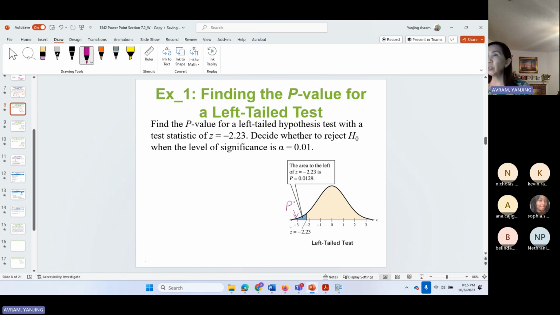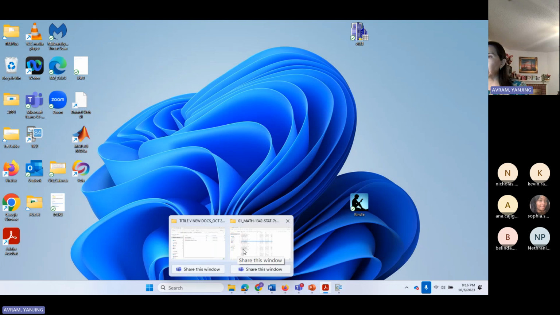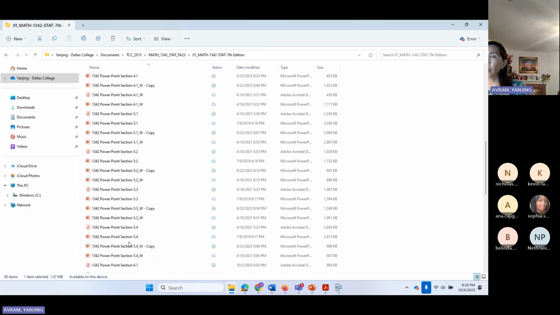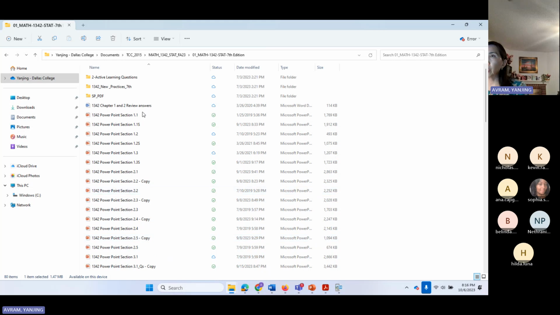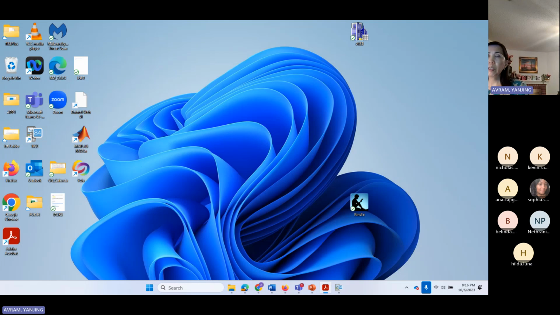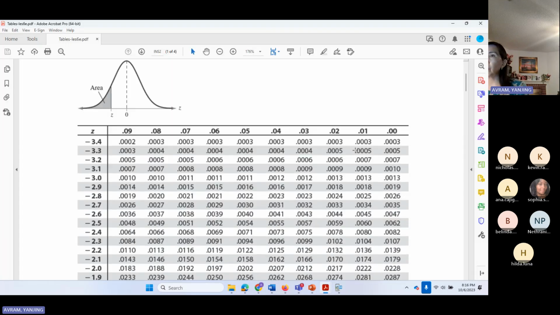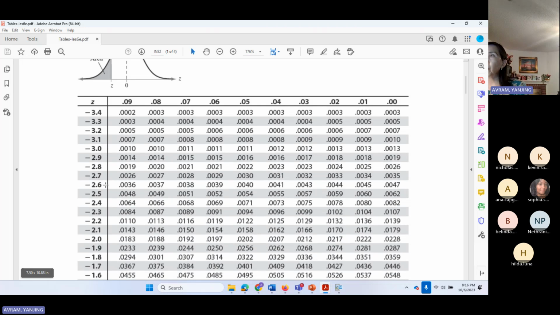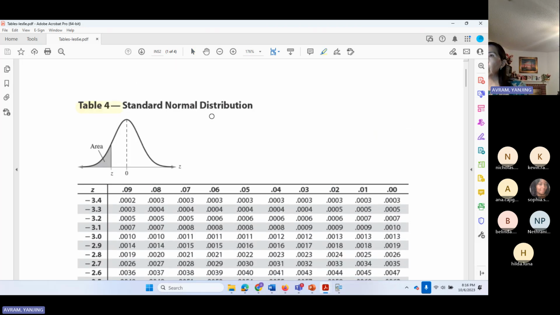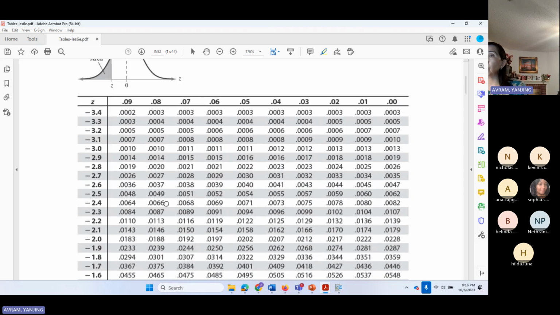And where do you look at the z-score? Well, remember you have a z-score table. You can go to look at the table. This one you can read the table forward, so it's very easy to do. This is your table 4, the standard normal distribution.